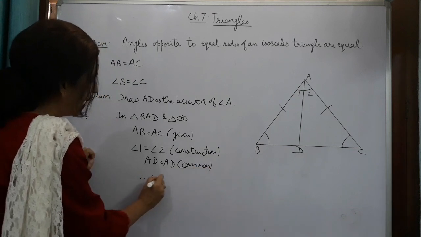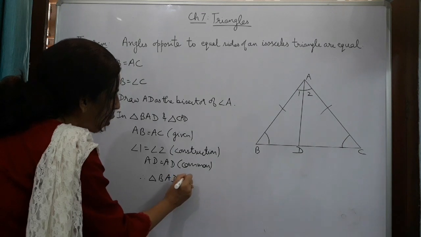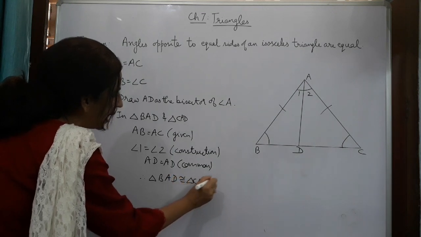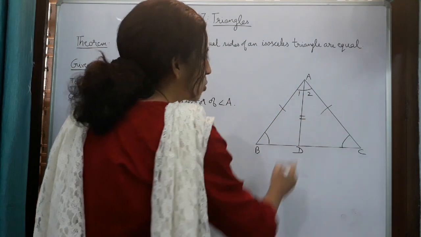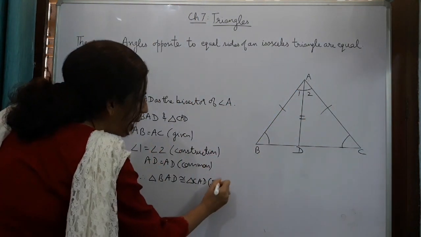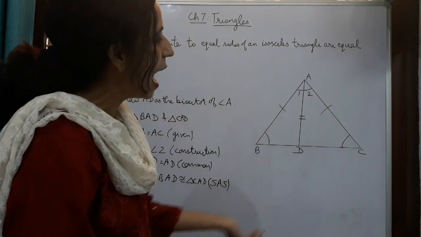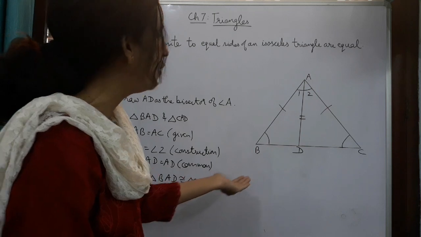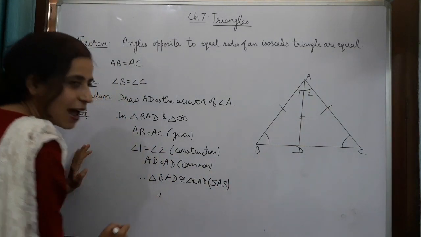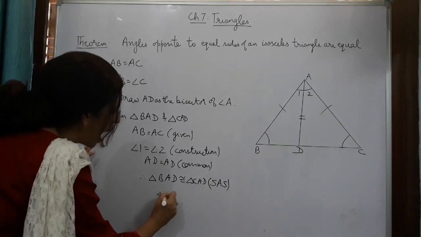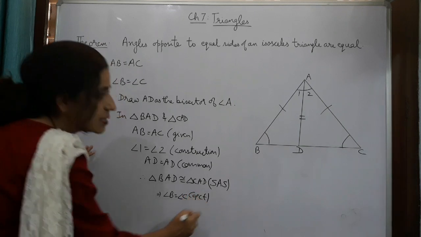So therefore we can say that triangle BAD is congruent to triangle CAD by SAS congruence rule. By SAS criteria the two triangles are congruent, and if the triangles are congruent, then corresponding parts of congruent triangles are equal. So angle B would be equal to angle C by CPCT.